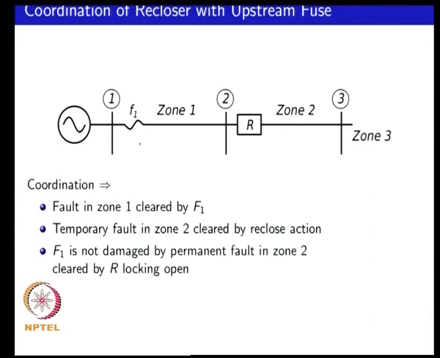In the previous example, your recloser should not get locked open before your downstream circuit breaker operates. In this case, you want your recloser to lock open before your upstream fuse gets melted. Okay. We will look at this particular example in greater detail in the next class.